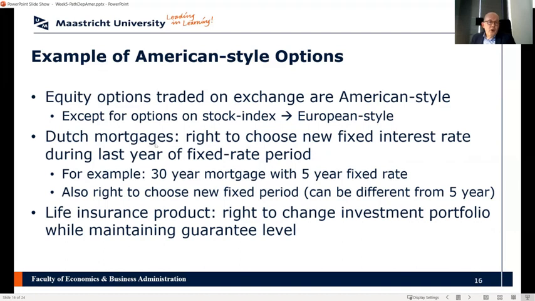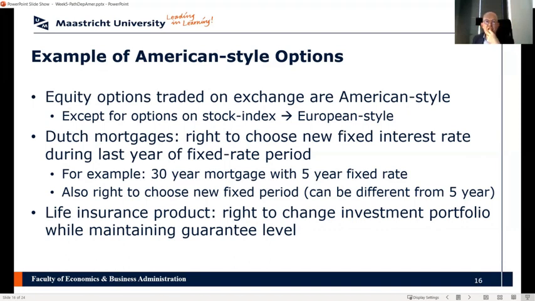If we take a look at Dutch mortgages, there you have something called in Dutch rentebedenktijd. This is the interest rate revision time. Suppose you have a 30-year mortgage with a 5-year fixed rate. For the first 5 years, you are paying a fixed interest rate. Then during the last year of that 5-year period, you have the right to say, I now want to lock in a new fixed interest rate for the next period.